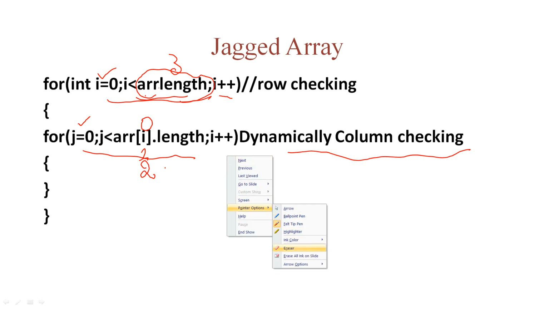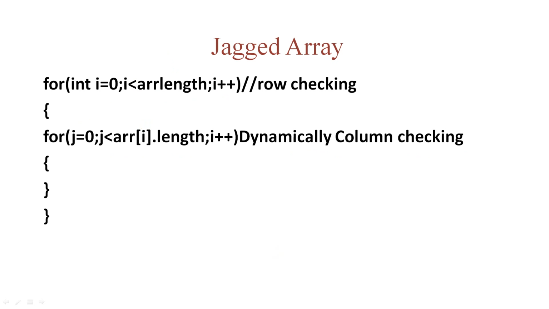If you have observed, j equal to 0, j less than array of i dot length, the row index, and here also it will be j plus plus, dynamically.